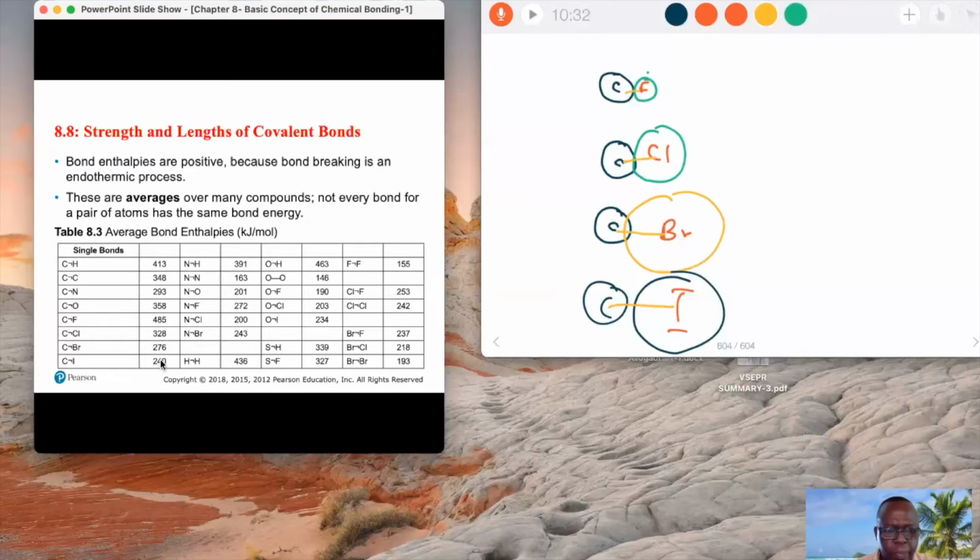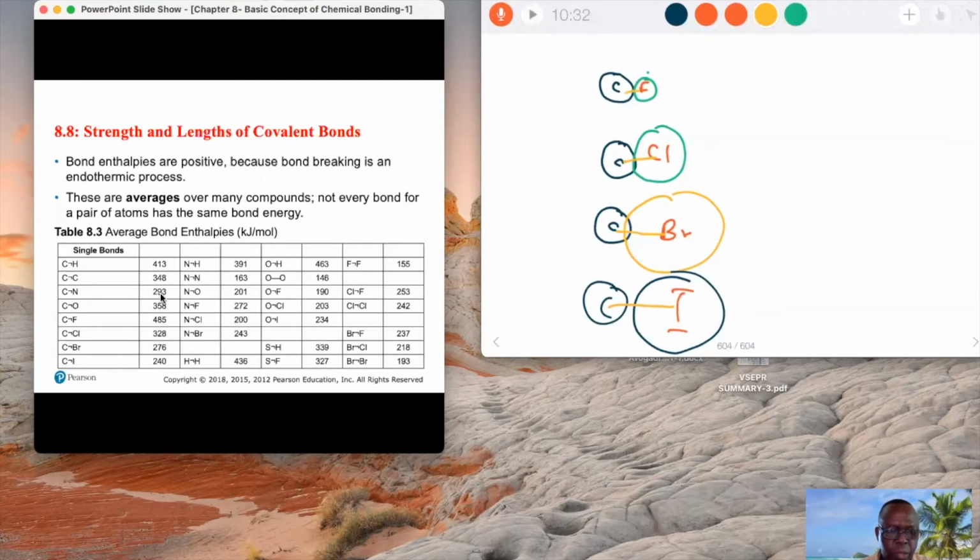Now, if you use this approach, reconciling the trend in atomic radius, you will see the pattern in which the bond strength changes given the constant element, whereas the other atoms keep on changing.